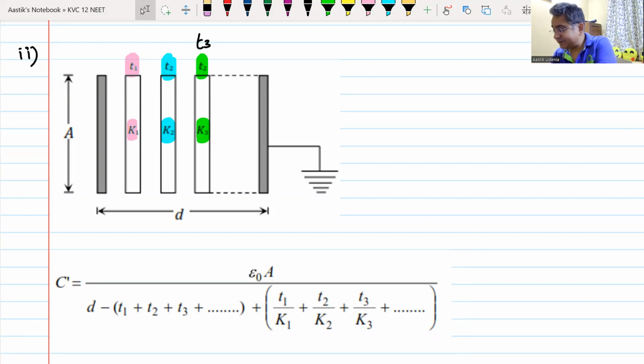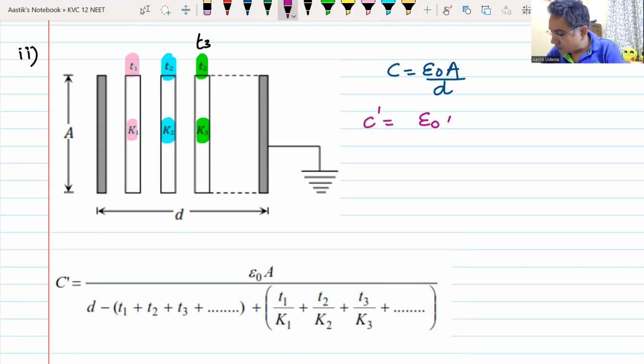Please tell me. So the original formula is epsilon naught A by D. Again, I will write it. And the new capacitance C dash, I can write it as epsilon naught A upon, I will just write it in terms of math, D minus summation of T. Understand the meaning of summation of T?